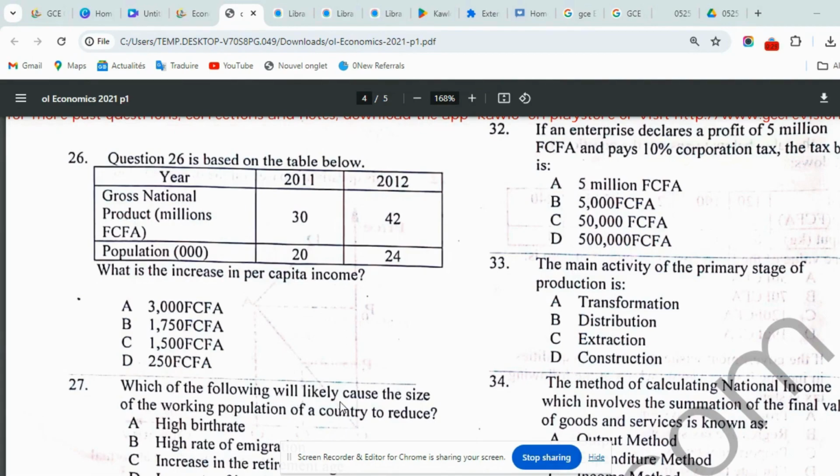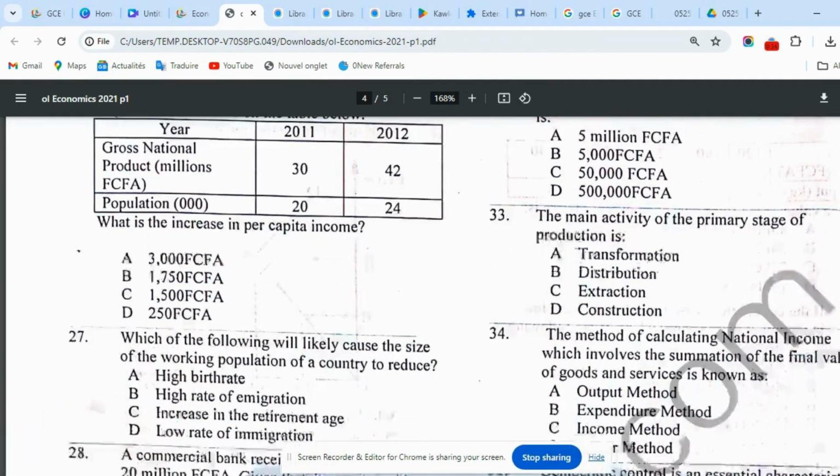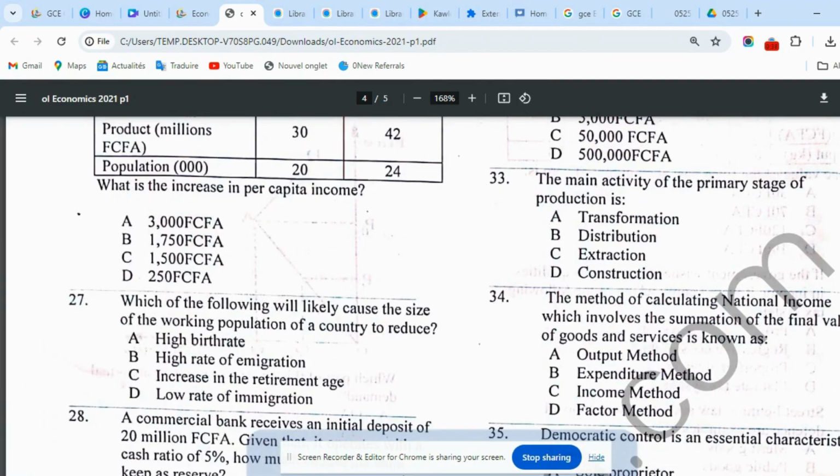Which of the following will likely cause the size of the population of a country to reduce? So it's asking us, among all of these, what will cause the size of a population in a country to reduce? So I'll give you some time to think about it. The answer here is B, which is high rate of emigration.